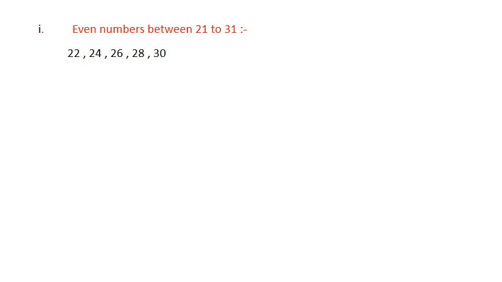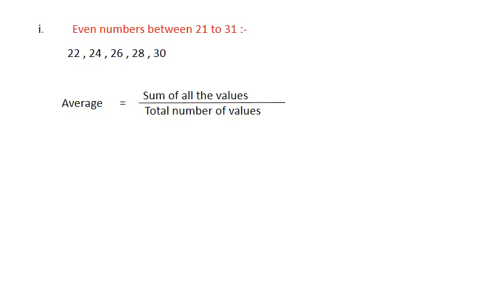Now student, what will we do? Before adding, first we'll write down the formula. What is the formula? Average is equal to sum of all the values divided by total number of values. Come on students, start writing, be with me.